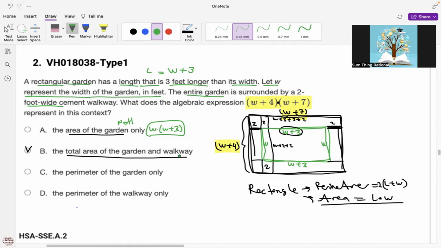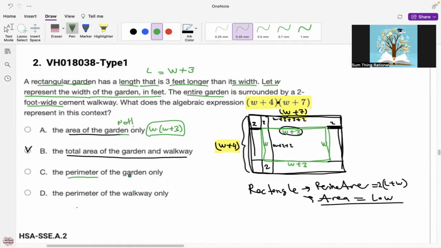Option B we already said is the answer, but we are trying to understand why A, C, D are not the answer. We understood that A cannot be the answer because it gives the area of the garden. What about C? C is the perimeter of the garden.